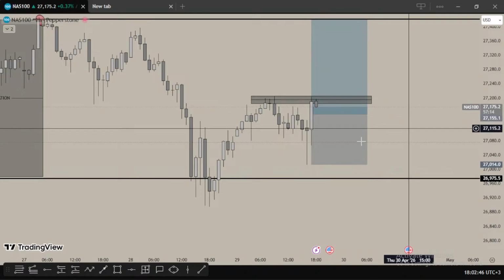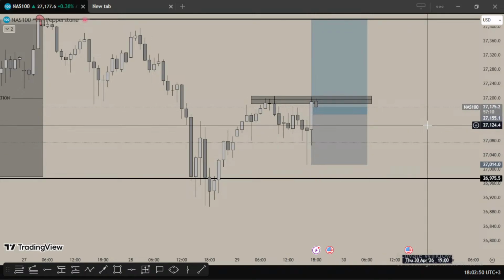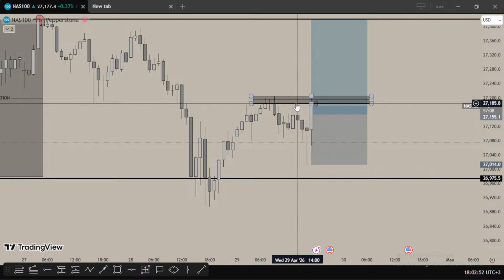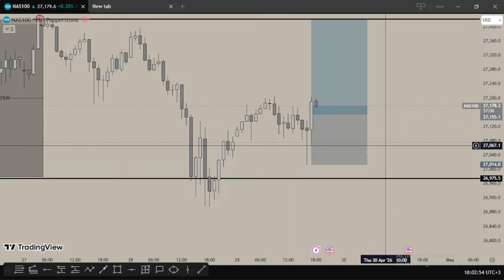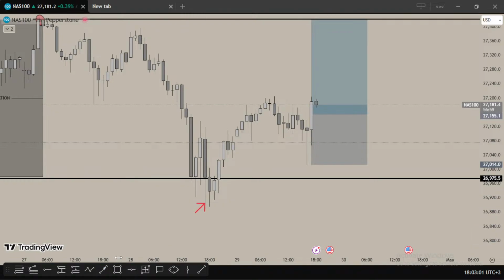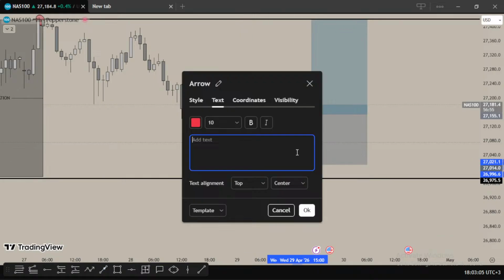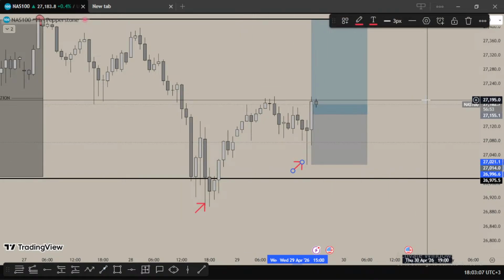But it's clear that buyers are in control. This is a pin bar. This is another pin bar. This is going to work out well for us. If you're in this trade, it's going to work out well for you because we have buyers at this area. We have buyers at this area. It's a powerful move.